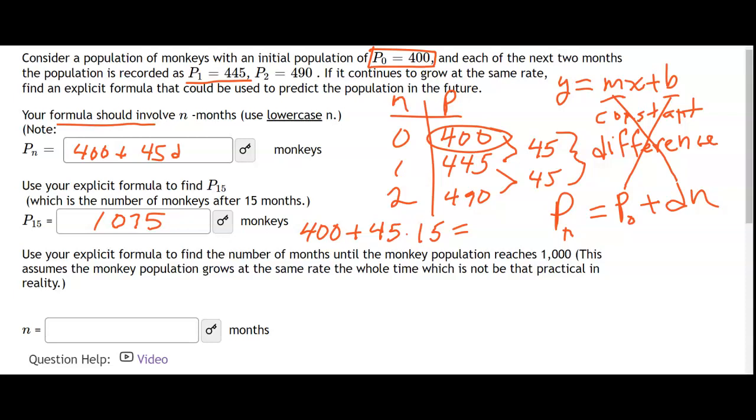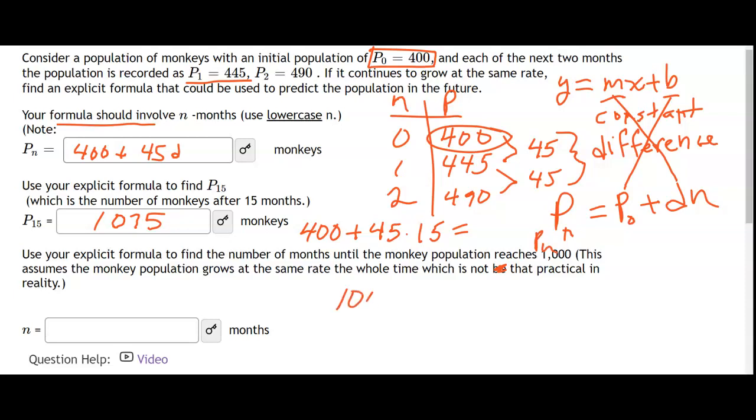Now it says, use your explicit formula to find the number of months until the monkey population reaches 1,000. Now this assumes the monkey population grows at the same rate the whole time, which is not that practical in reality. So in this case, this is our P value, P sub n, which we don't know.